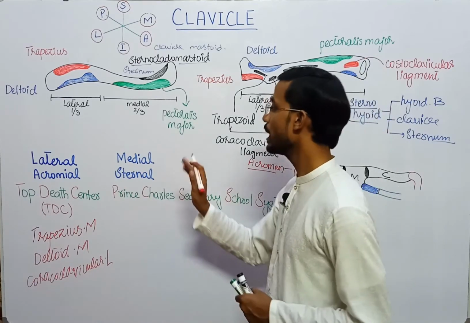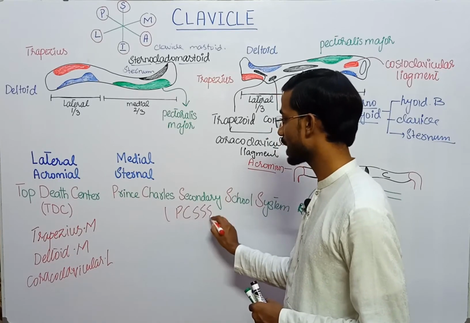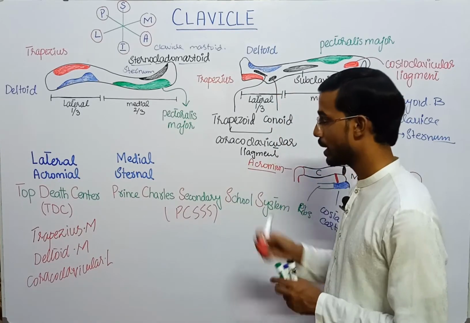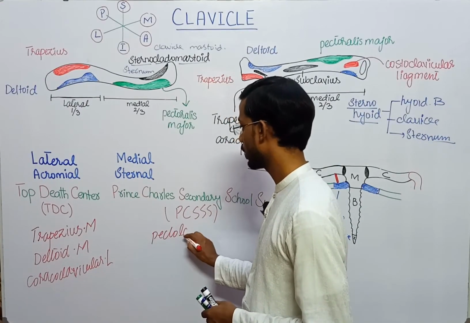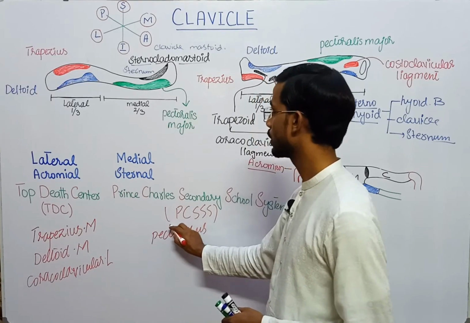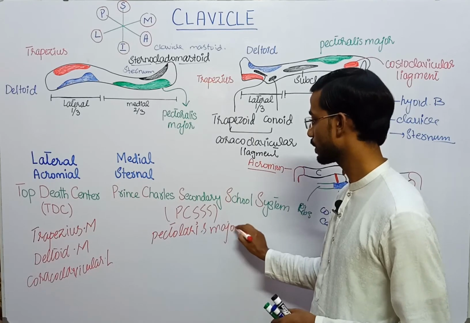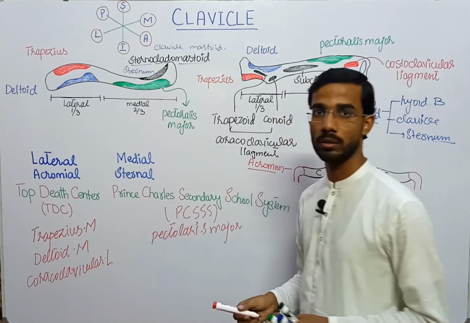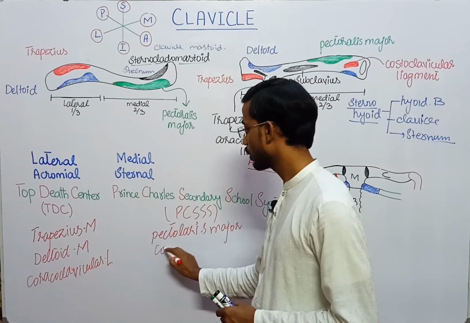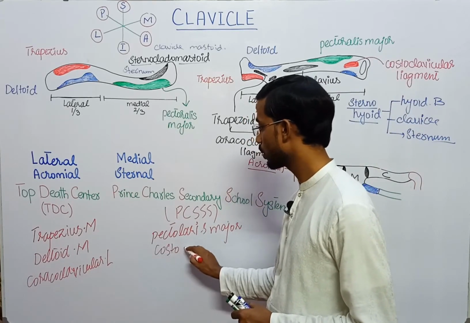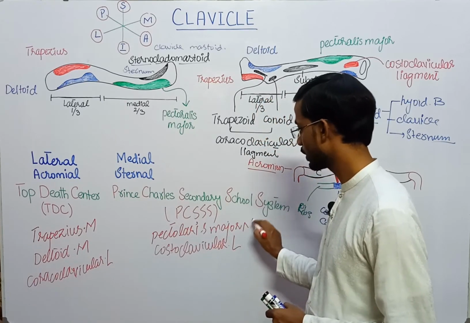You can remember it by Prince Charles Secondary School System, PCSSS, triple S. P stands for pectoralis major. C stands for costoclavicular ligament.